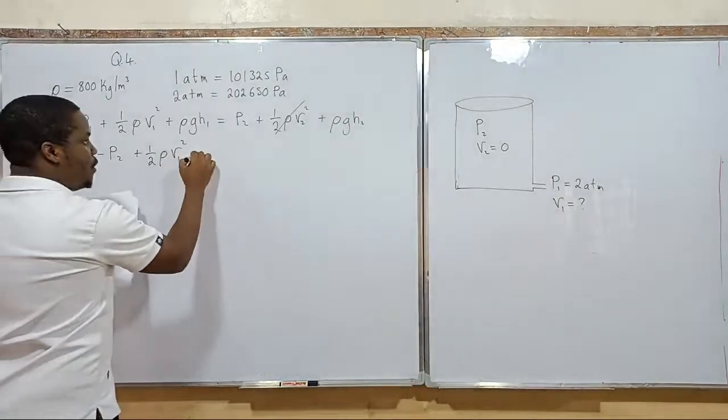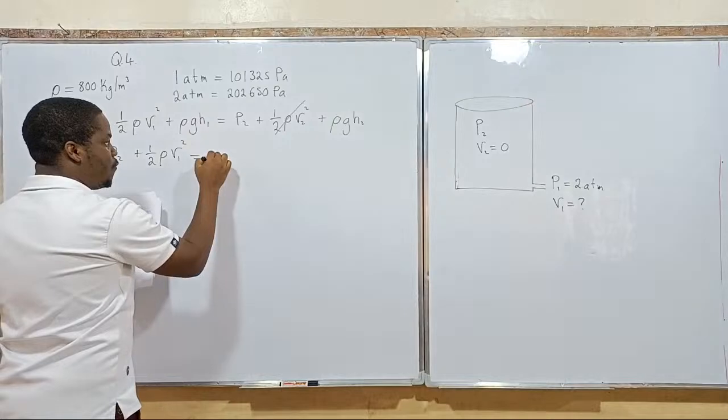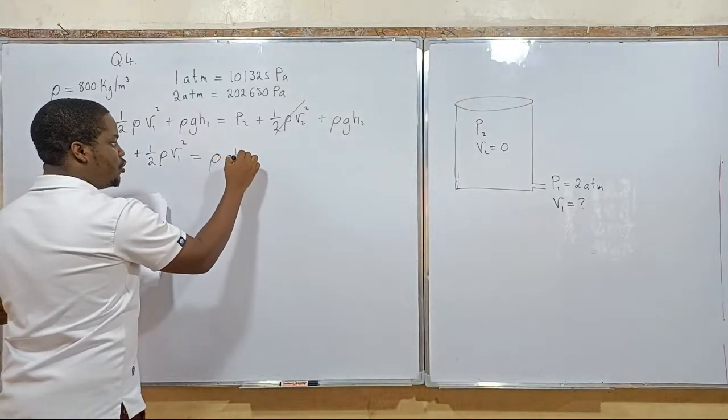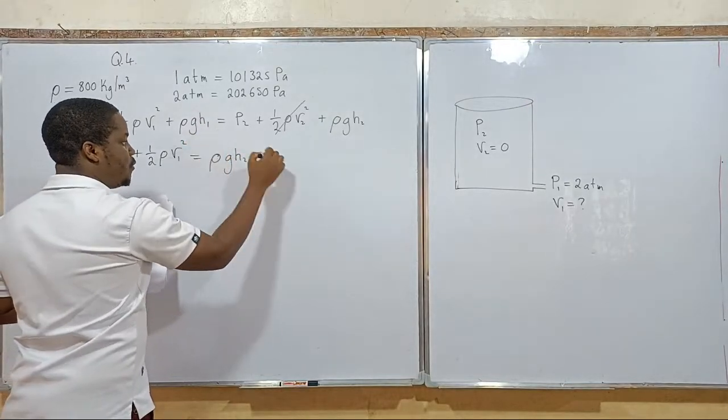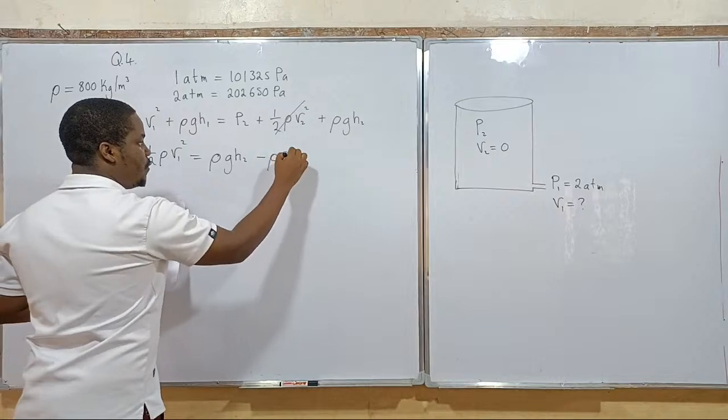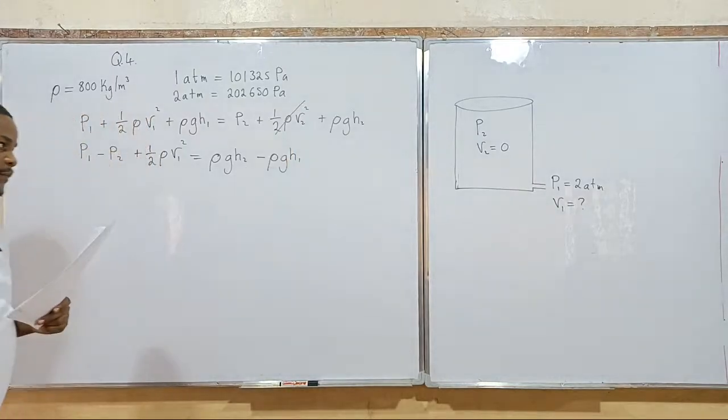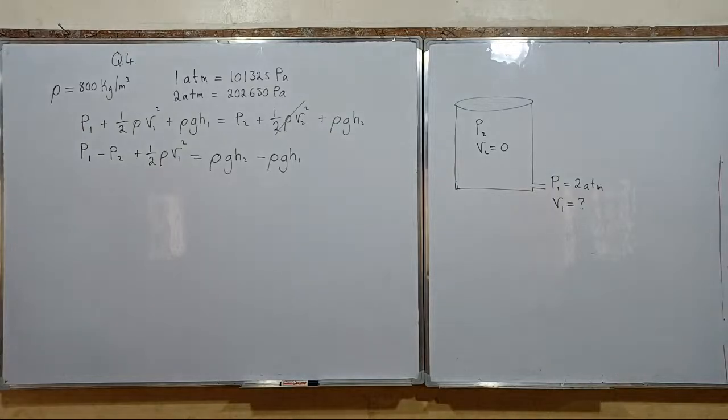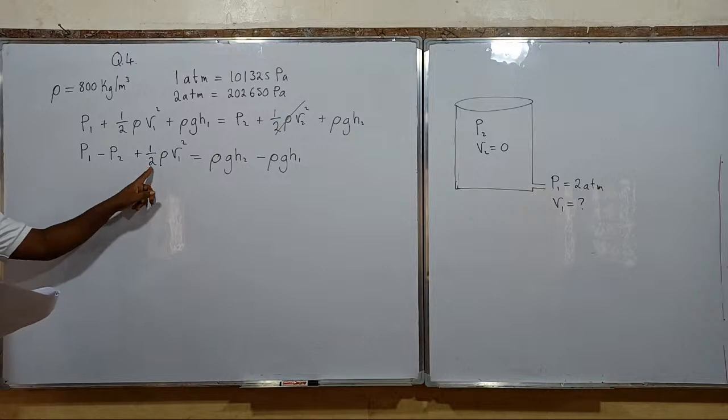This is equals to, on this other side, let's have rho GH2 minus this guy, which is rho GH1, like that. So we need to get rid of this 2 here. How can you get rid of this 2?